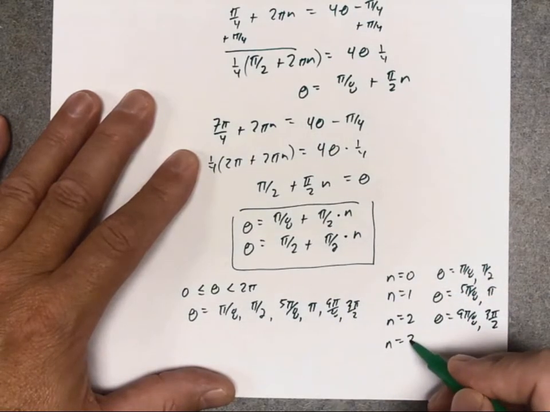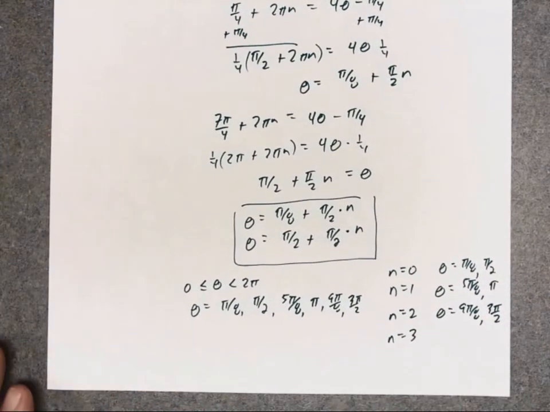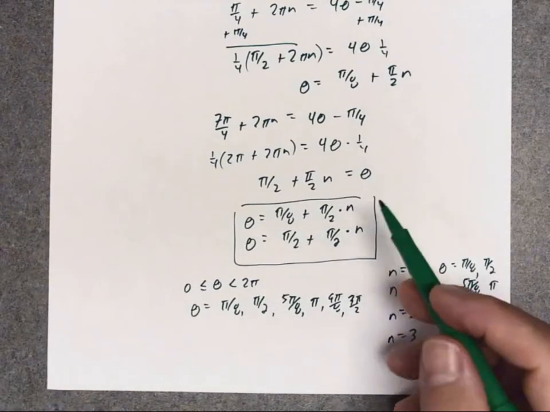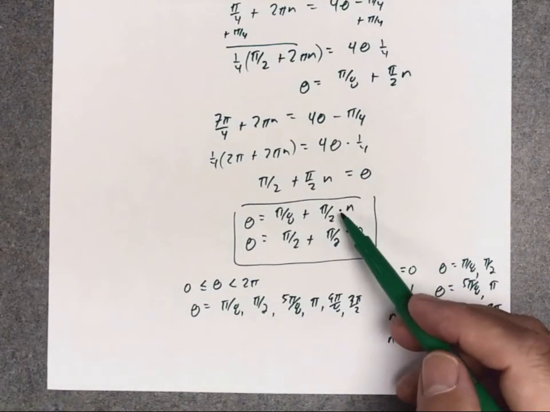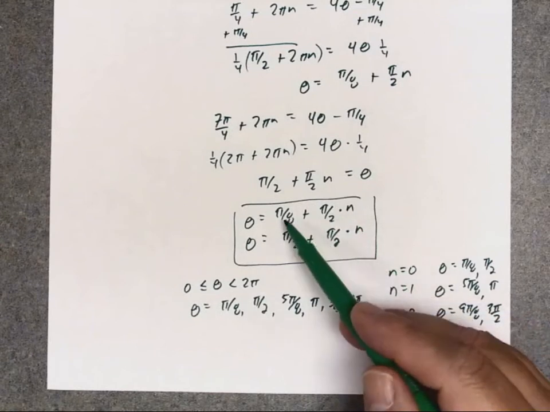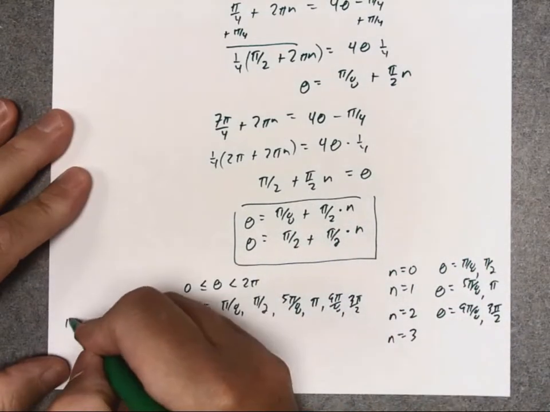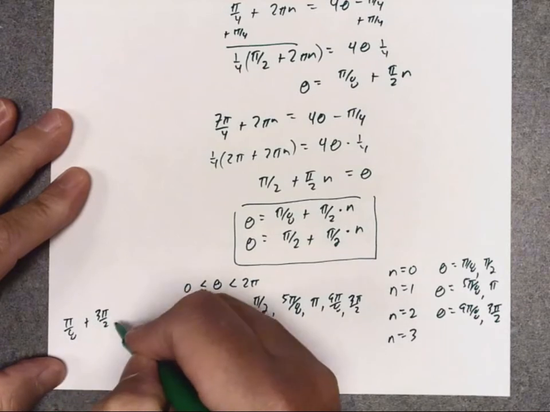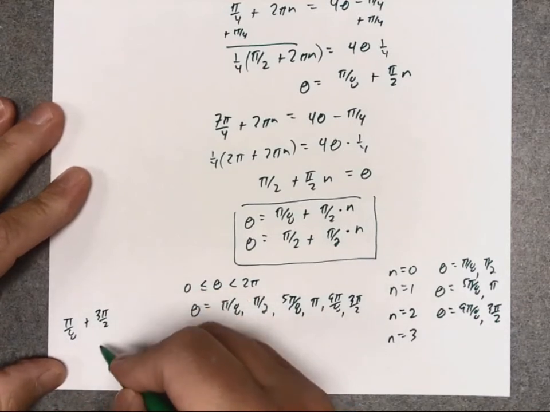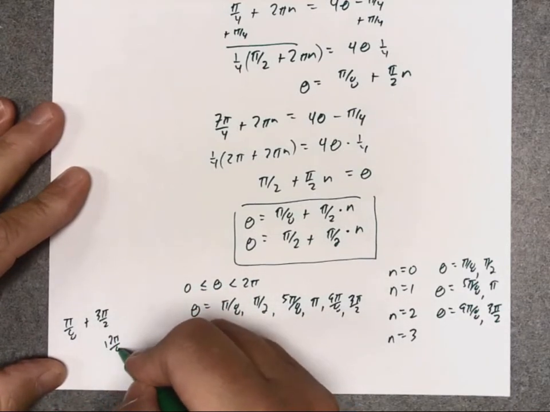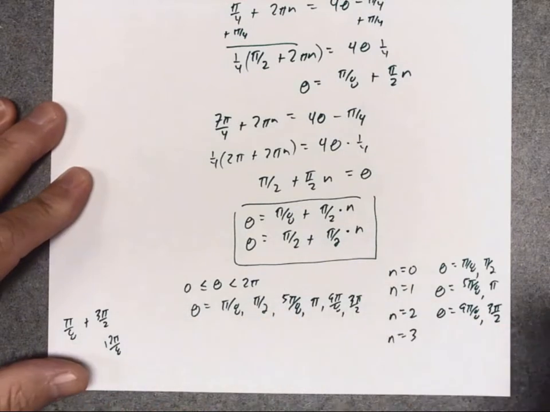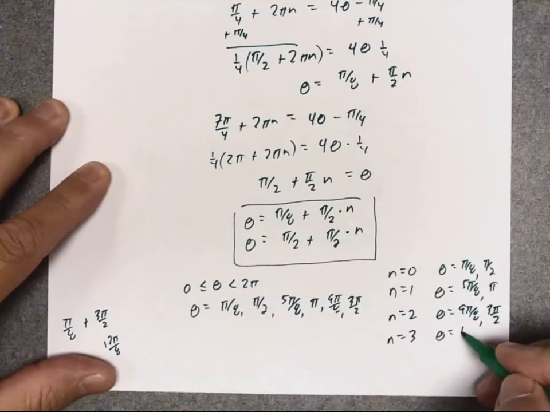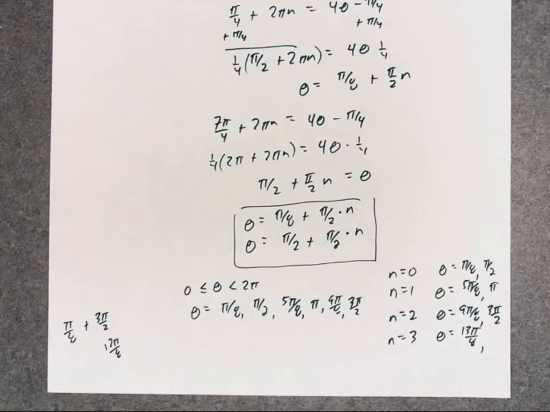We have to keep going till we exceed 2 pi. When n is 3, oh boy, 3 pi over 2 plus pi over 8. I'm going to have to do that over here. If I get this common denominator, it's 12 pi over 8. Looks like 13 pi over 8, which is still less than 2 pi.